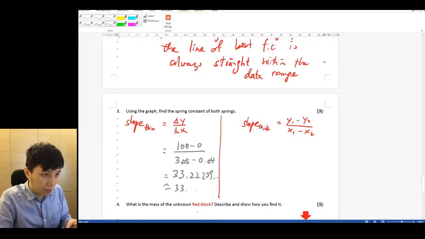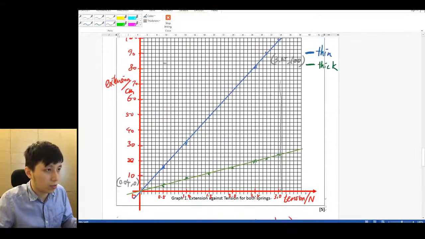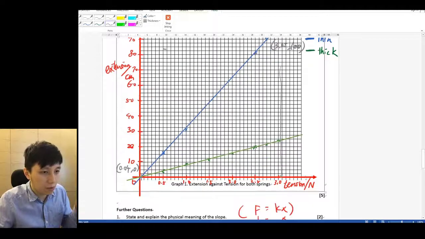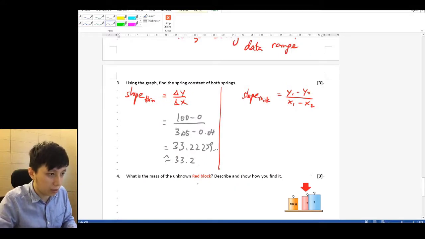So 33.2. And the most important thing here is the unit. Don't miss it out. You just have to refer back to what we did. It was cm against Newton, so cm per Newton in this case.